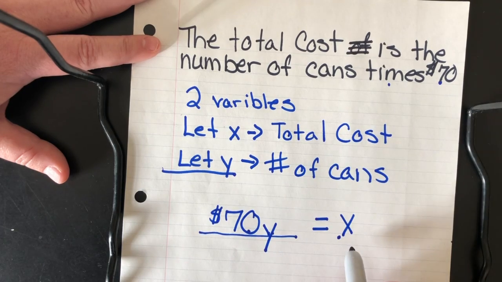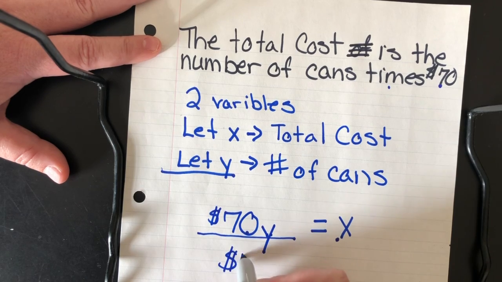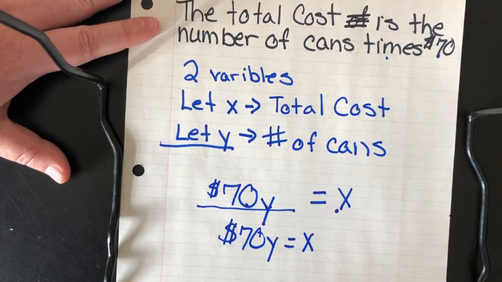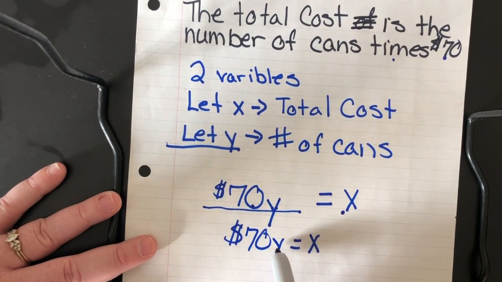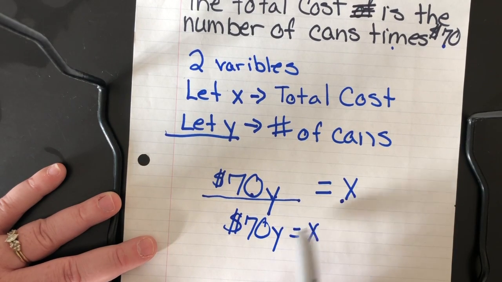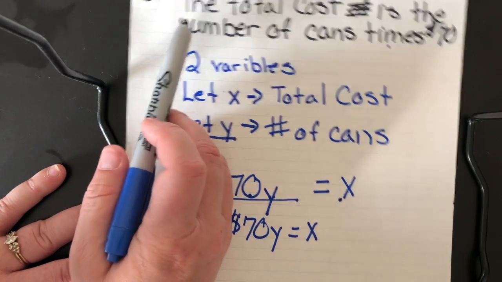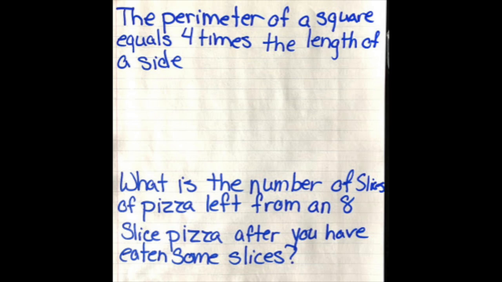And in this situation, you stop there. It literally is going to look like this, and that is your answer. You can't solve because you do not have a variable value for y or x. They just want to know that you're able to take what is written and make an algebraic expression.